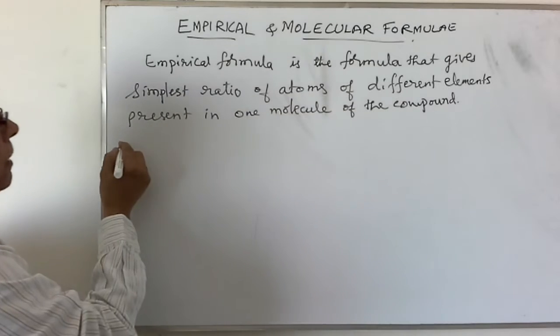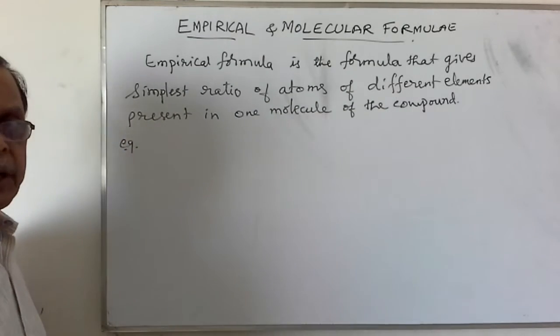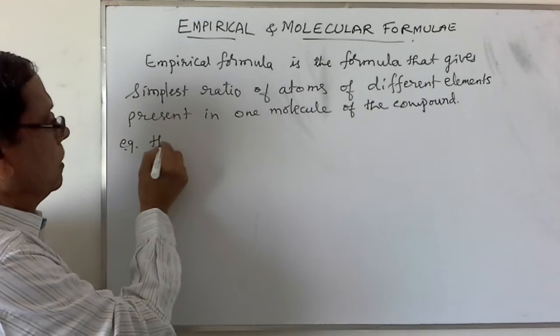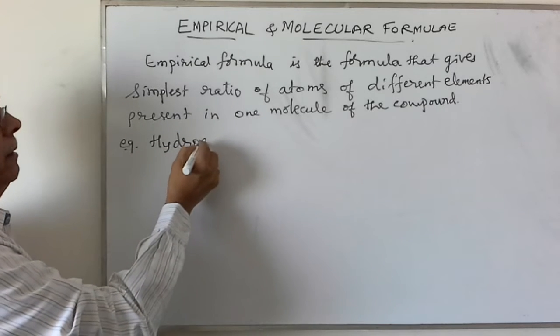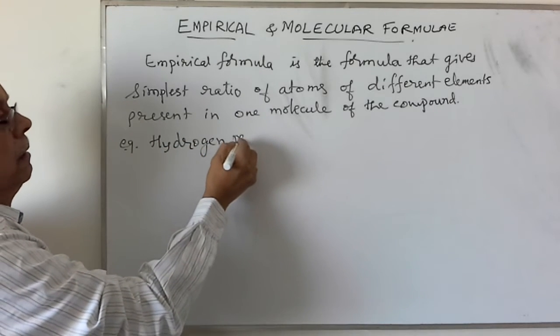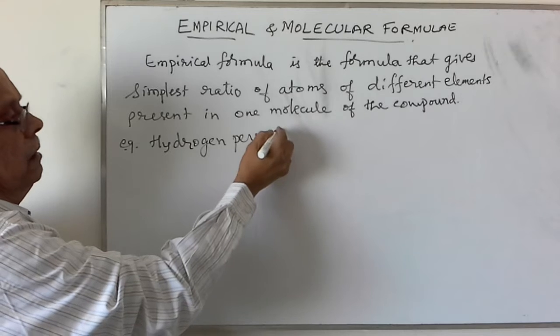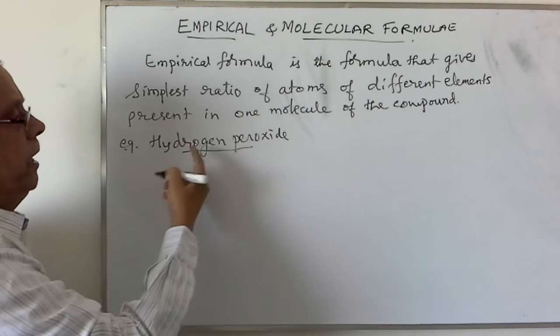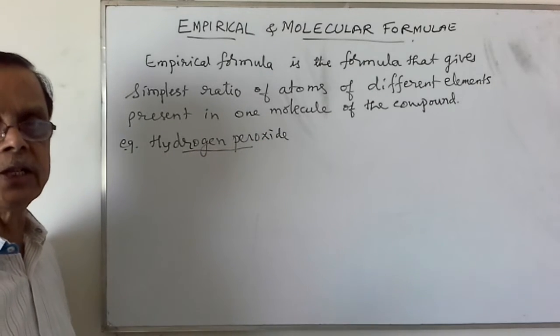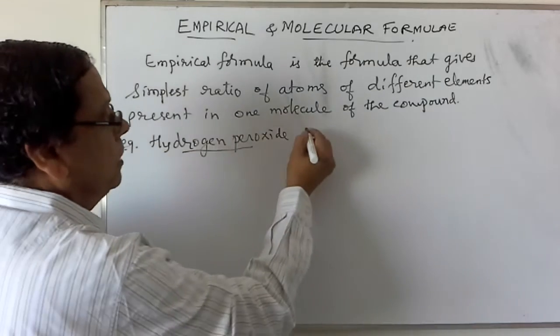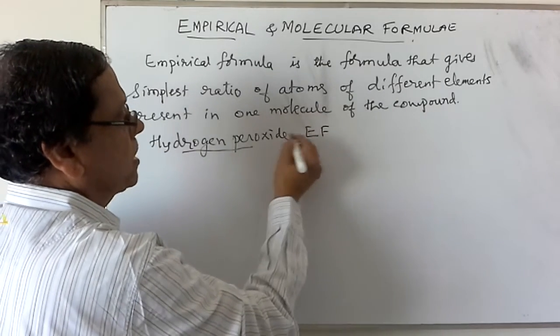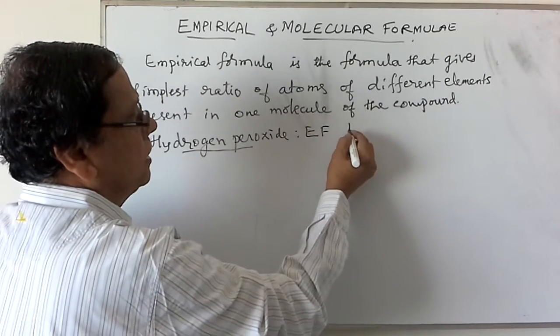Say for example, for hydrogen peroxide, the formula indicates that hydrogen and oxygen are present in the ratio 1:1. Therefore, empirical formula for this hydrogen peroxide is HO.